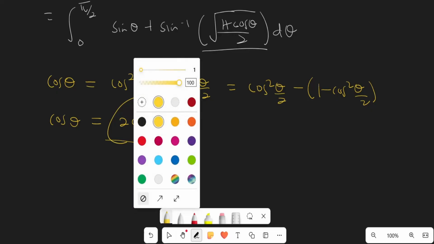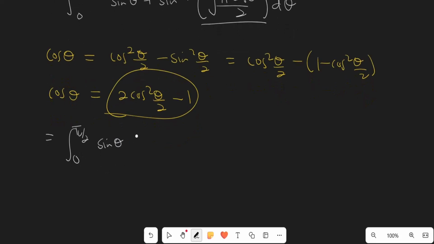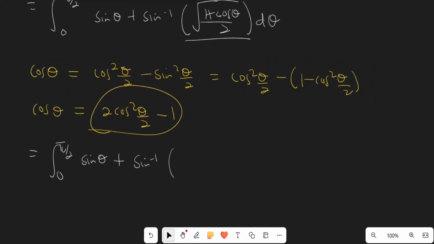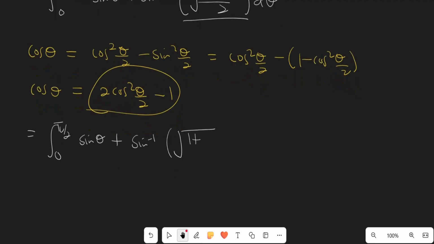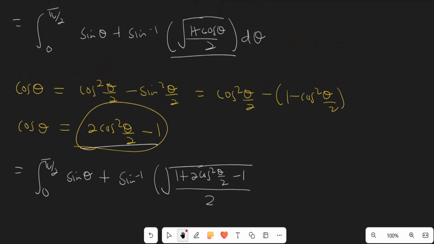So let's switch back. Our integral becomes the integral from 0 to pi over 2 of sine of theta, I'm sorry, plus sine inverse of the square root of 1 plus cosine theta. Cosine theta can be replaced with this, which is 2 cos squared theta over 2 minus 1, all divided by 2, which is here.